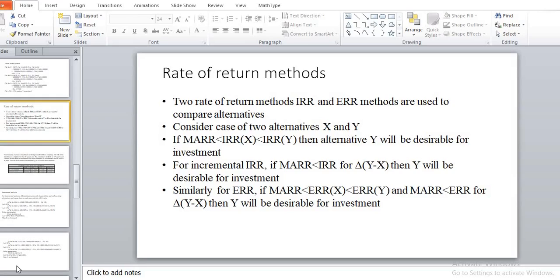Suppose there are two projects x and y. We calculate the interest rate by considering the term y minus x.